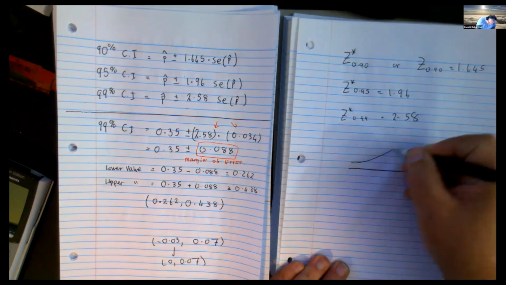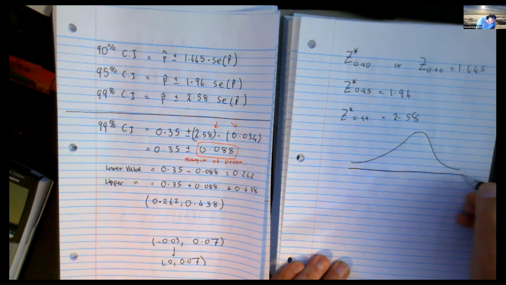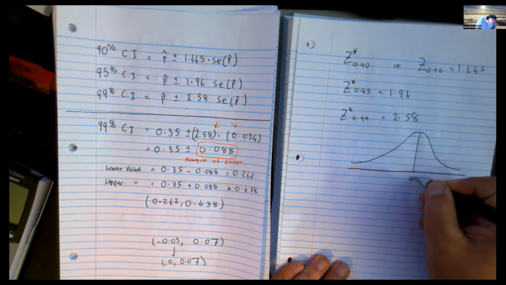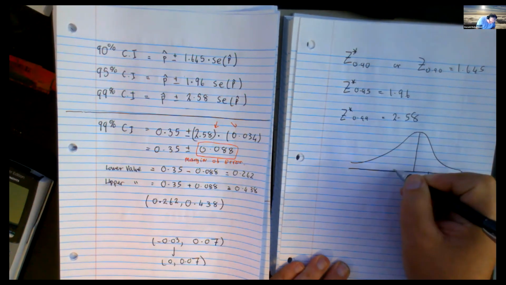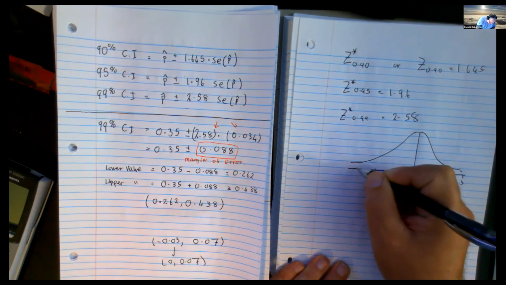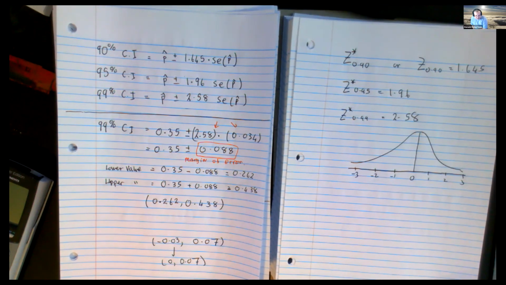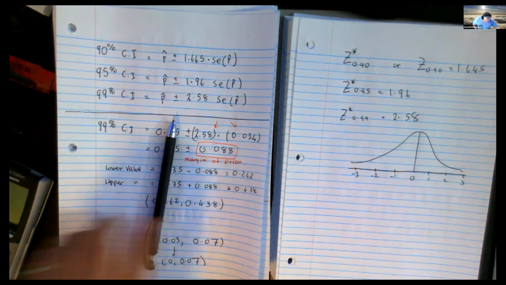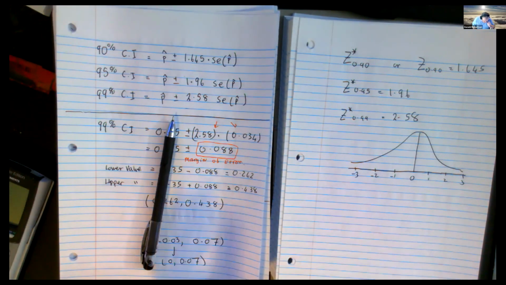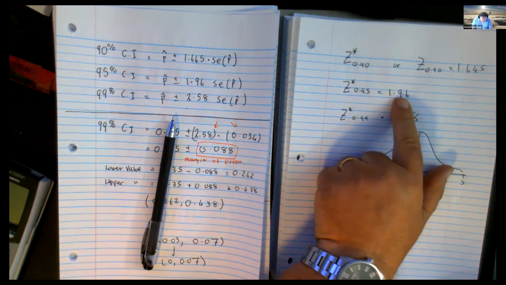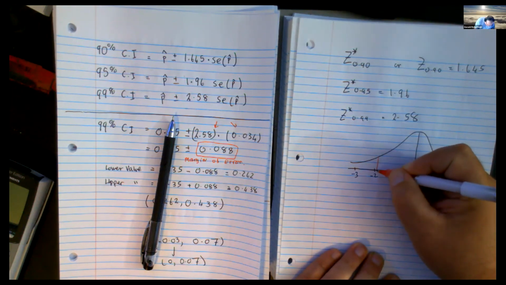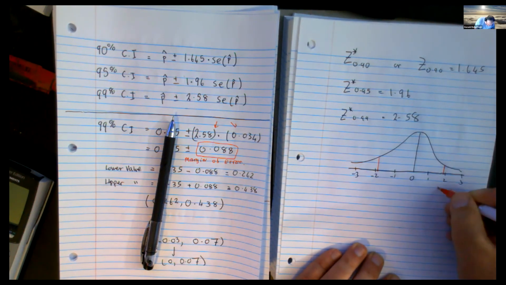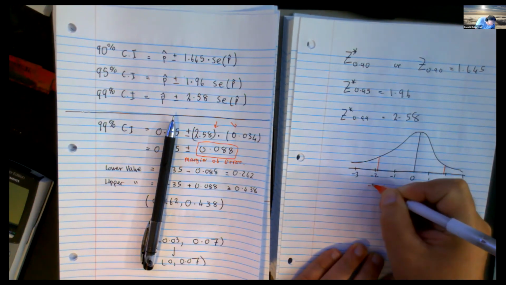You begin with the standard normal distribution. It's been a while since we looked at that guy, but can you remember the mean is 0 and the standard deviation is 1, and it looks like that? Now, if you wanted to find this 1.96, what you're finding is the number that goes here, positive on the right, and the same number on the left.